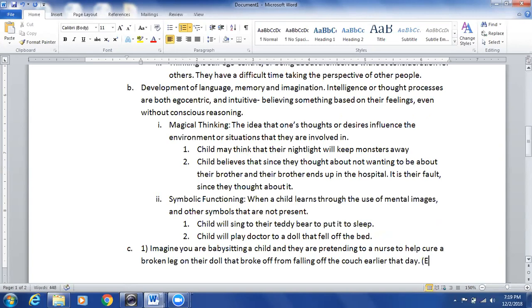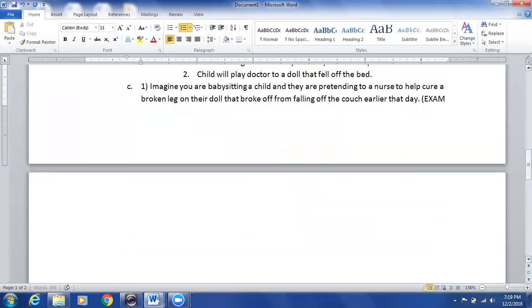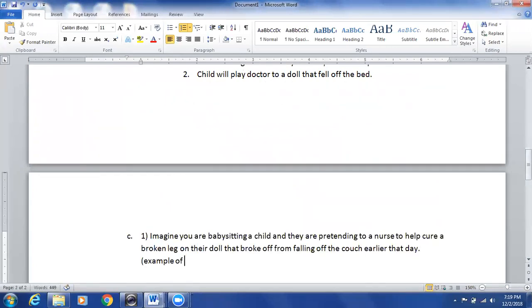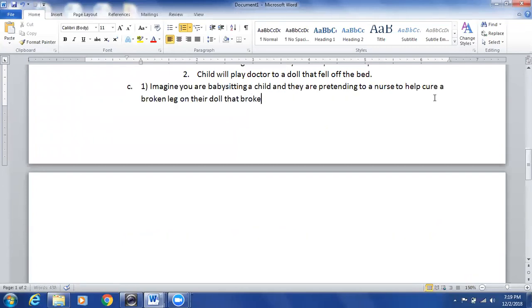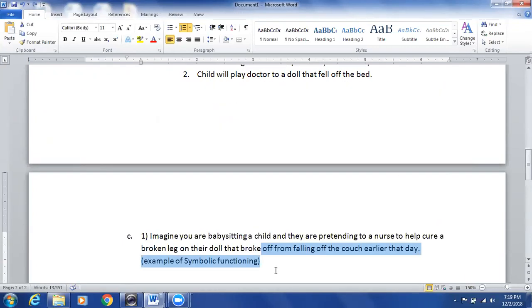So this is an example of symbolic function. Remember, they apply things to things that aren't actually there.